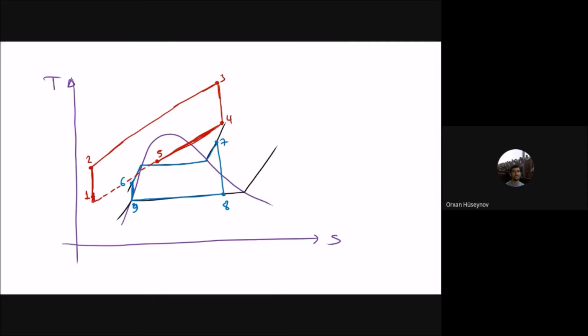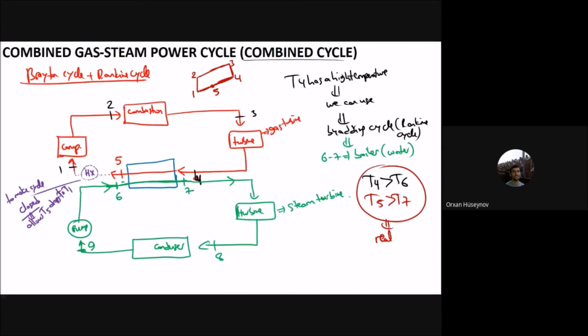Okay, this is the point 1 here. You can see this is the Rankine cycle together with the Brayton cycle. And for the second part of the cycle here, you can see that if the T4 is high, it is possible that you don't use water. Okay?